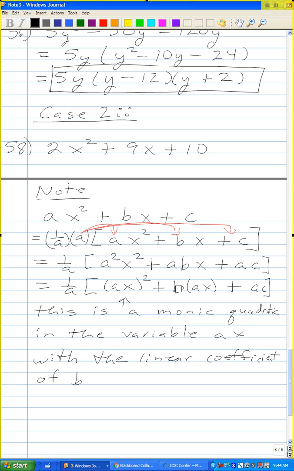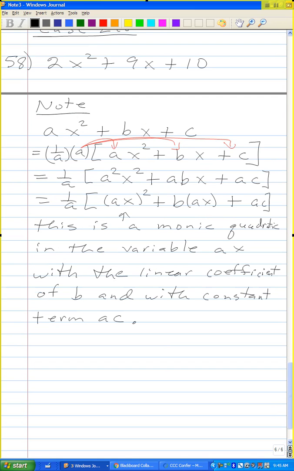We still have a linear coefficient b, but now the term in front of the quadratic term is 1, so it's monic. But the constant term is AC. And with constant term AC. So all of these techniques will sort of work on this idea.